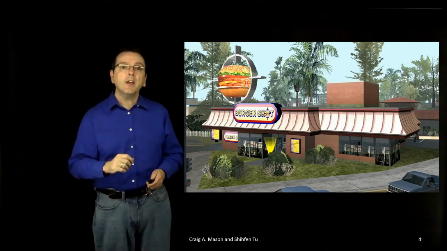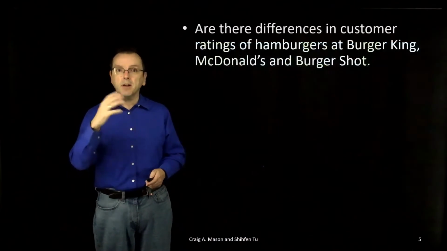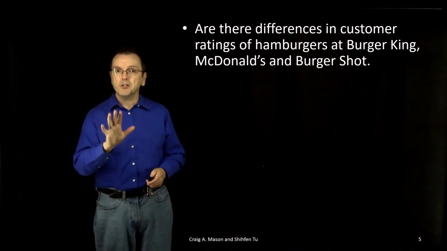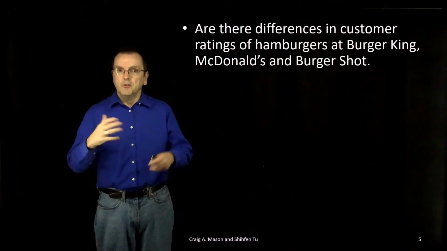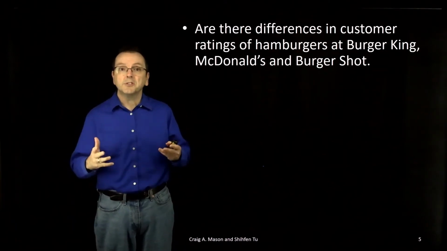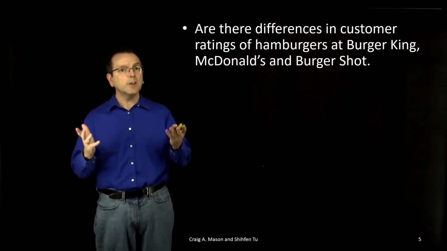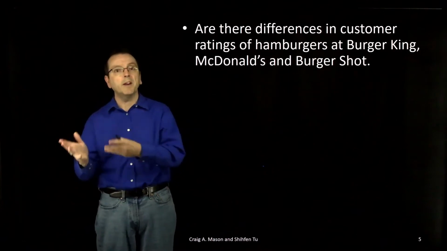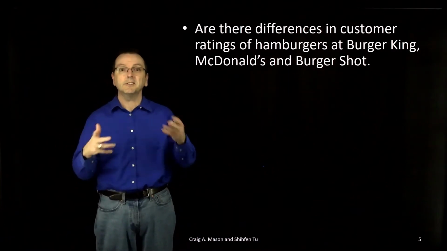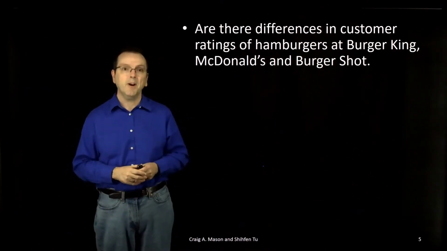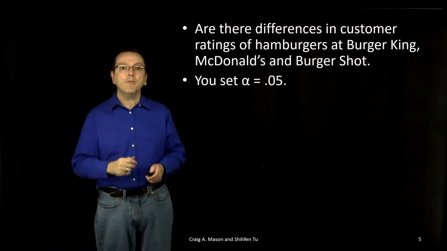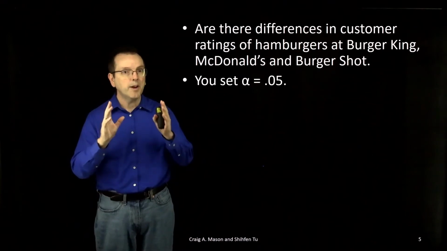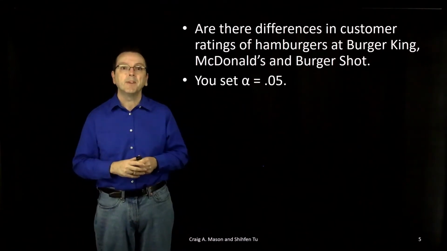Specifically, you want to know whether among the population of people eating at these 3 burger joints, customers rate the burgers the same, or is there a difference? Maybe burgers at one of these chains are seen as better than the others. All right? We'll use the standard alpha of 0.05. We only want to make a type 1 error 5% of the time.